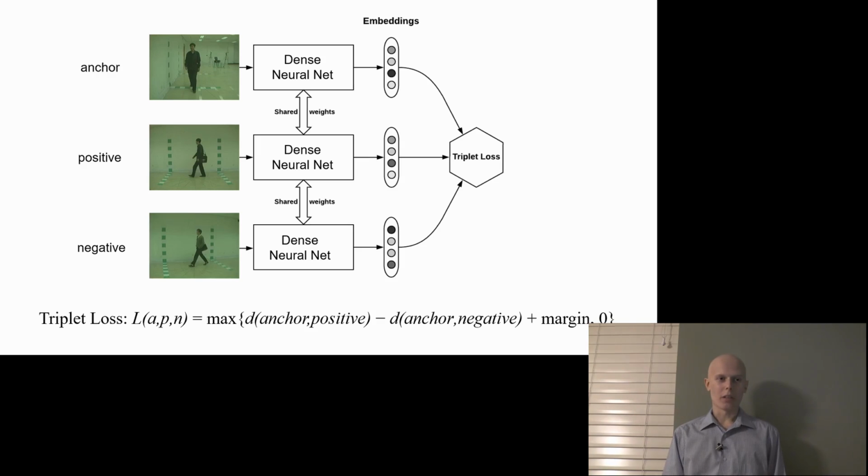In doing so, it can create an embedding that bunches similar gaits together, i.e. gaits of the same individual, and it moves gaits that are of different individuals further apart. This makes classifying the gait just a matter of comparing the distance between the embeddings.